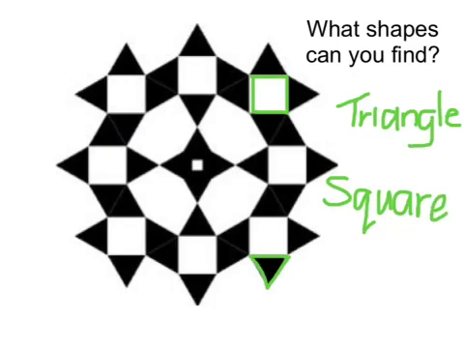Can you see any other shapes? None of the 2D shapes that we've learnt about. So just triangles and squares.